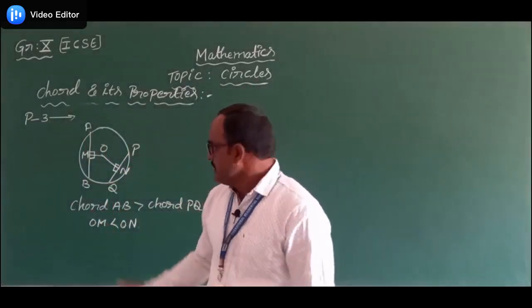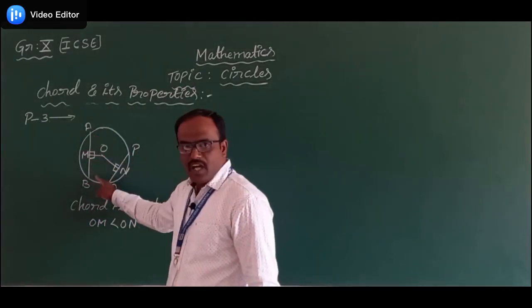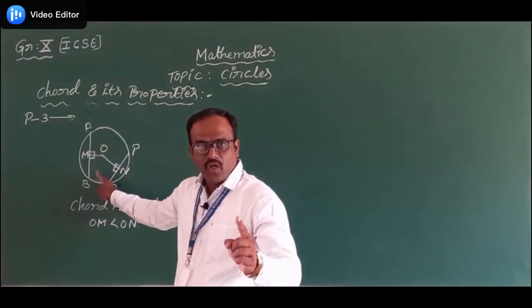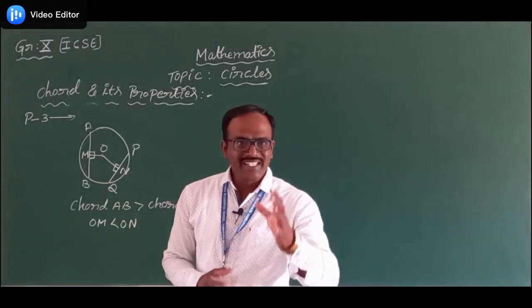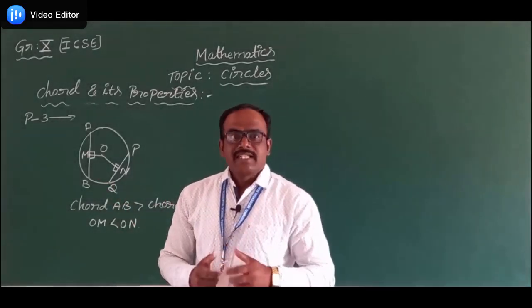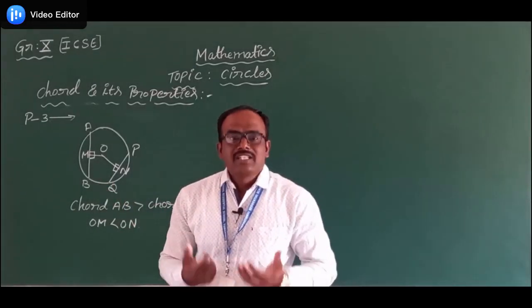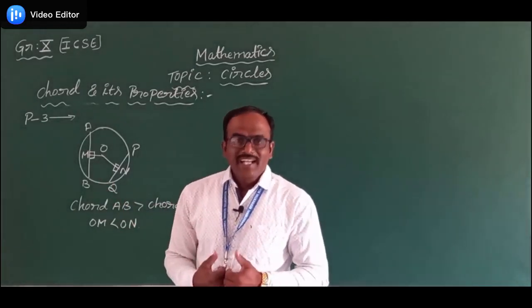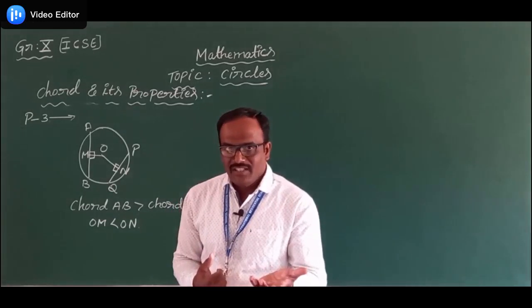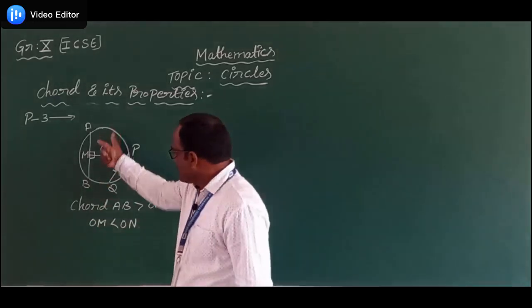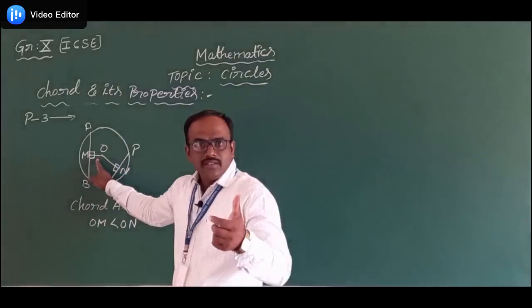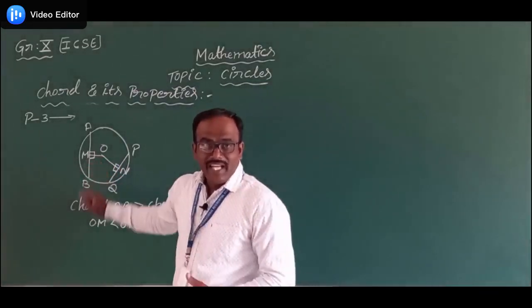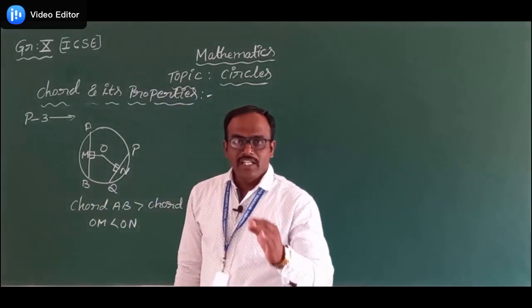If the length of the chord is more, then the perpendicular distance is smaller. That means the greater the length of the chord, the smaller the perpendicular distance. Am I clear, children? This property: greater the length of the chord, smaller the length of the perpendicular distance. This is another property of the chord.